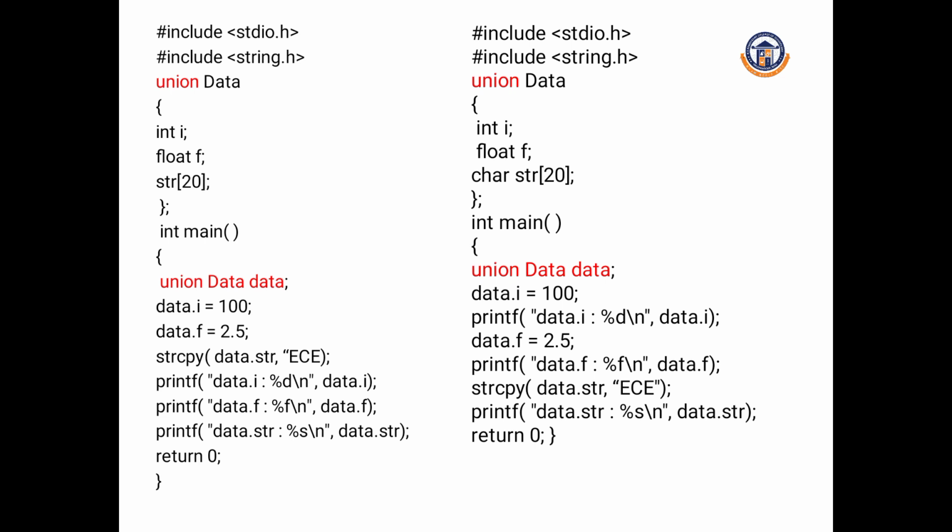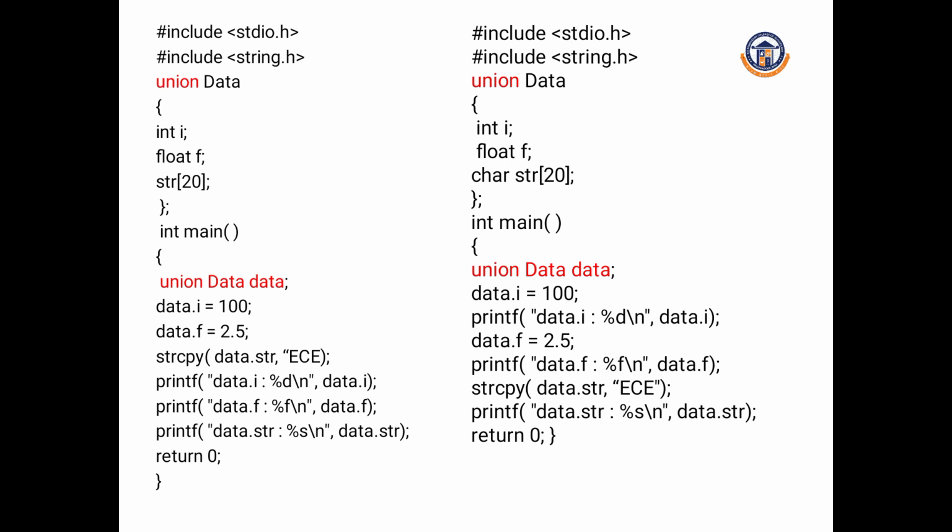So in the second part of the slide, you must see that all those things are the same. The header file is the same, the union structure is the same, and inside the main function it has the same union keyword, data as the tag name and small data as the variable.